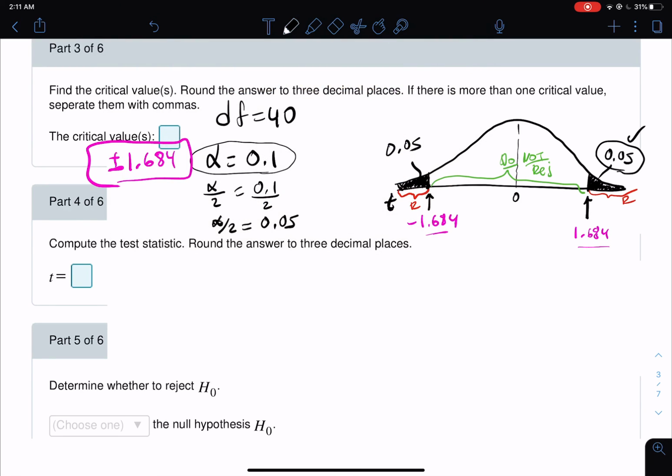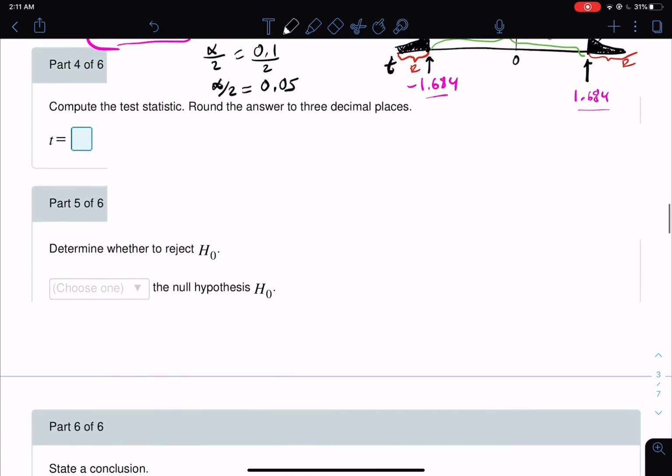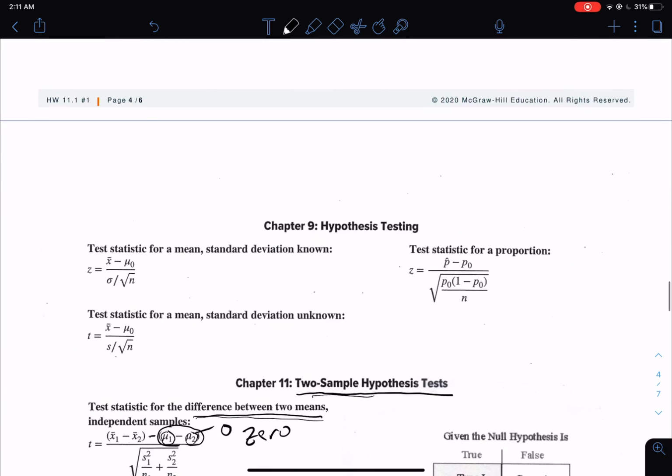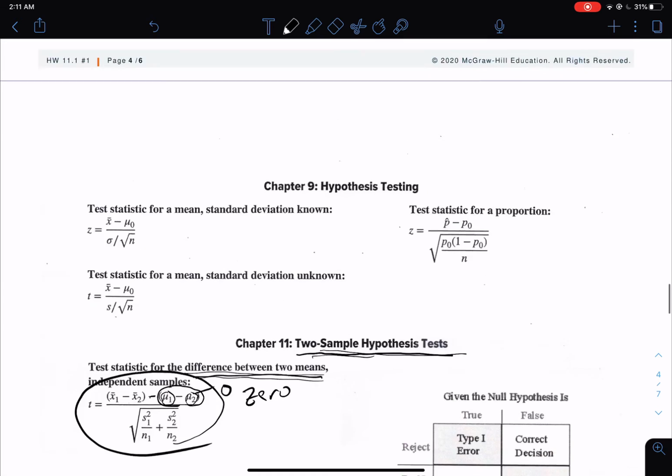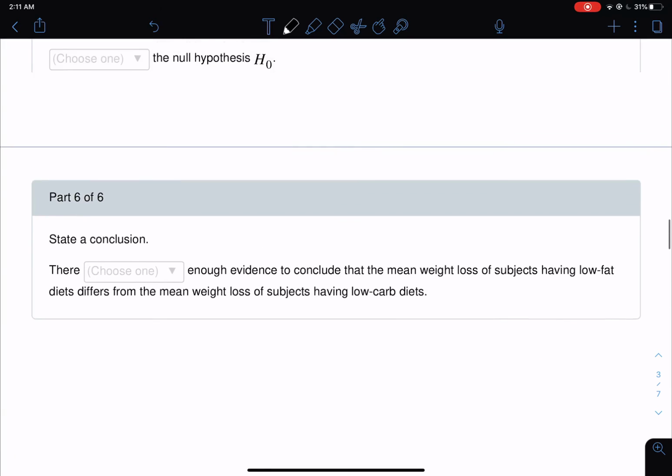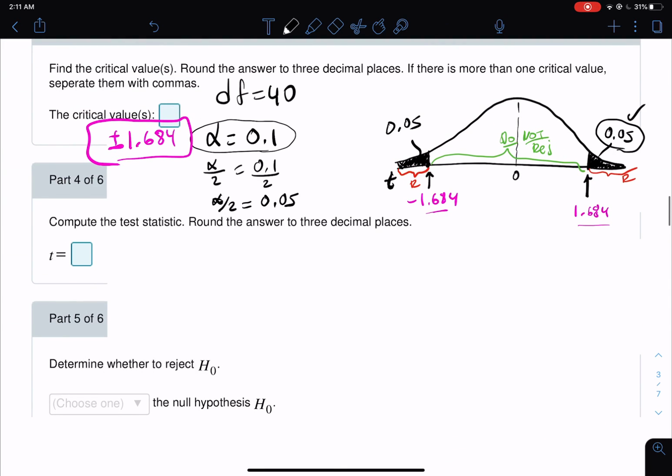All right, so let's see if I can do this. I need to calculate my test statistic. Remember, we can easily find that test statistic for two sample hypothesis testing, difference between two means, and there it is right there. All right, let's go for it. I think I'm just going to go straight directly to color.